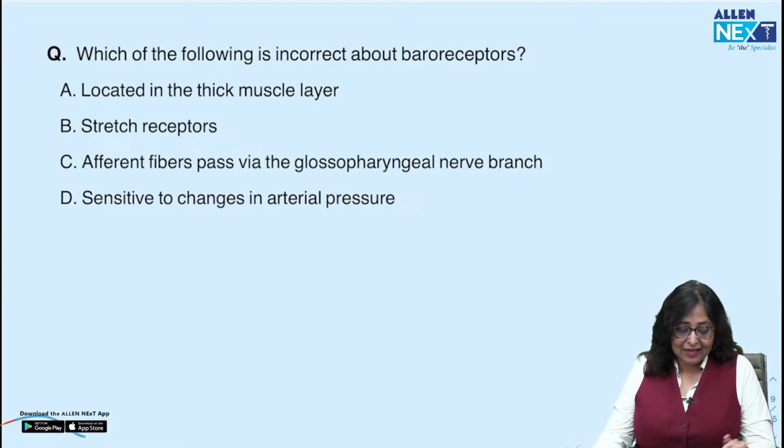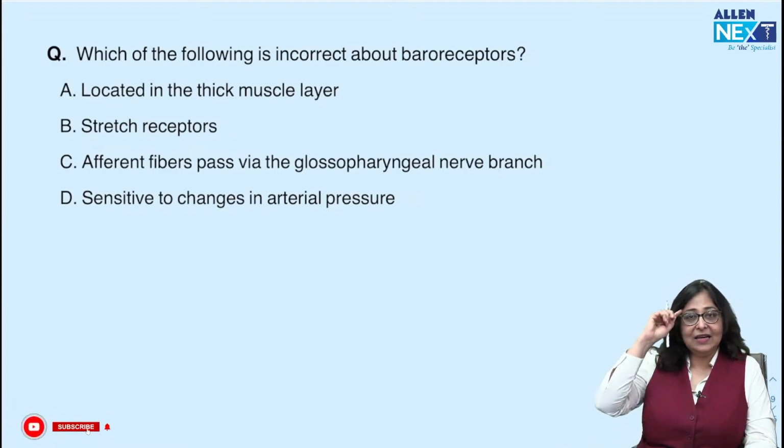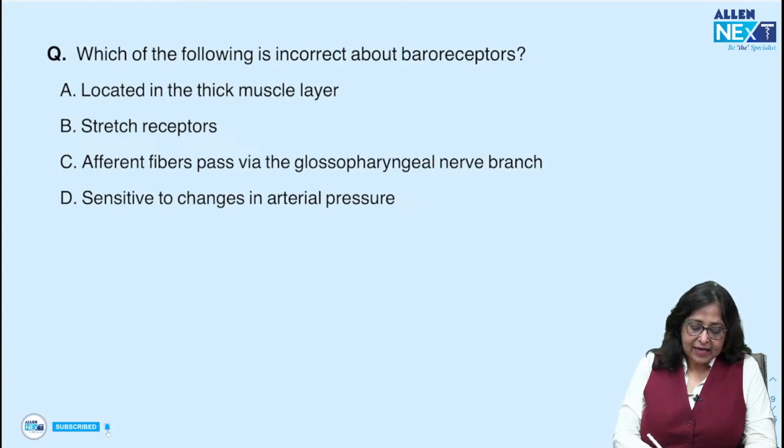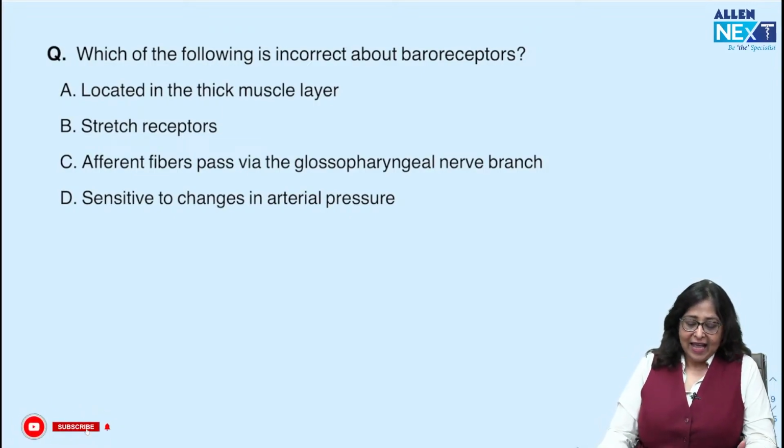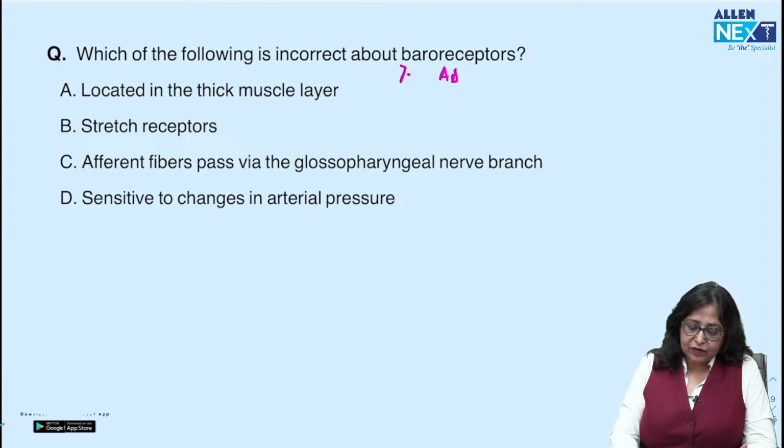Now, which of the following is incorrect about baroreceptors? Is it located in the thick muscle layer? You have the tunica interna, tunica media, which has the muscle, and the tunica adventitia. And baroreceptors are in the tunica adventitia, not in the muscle layer.